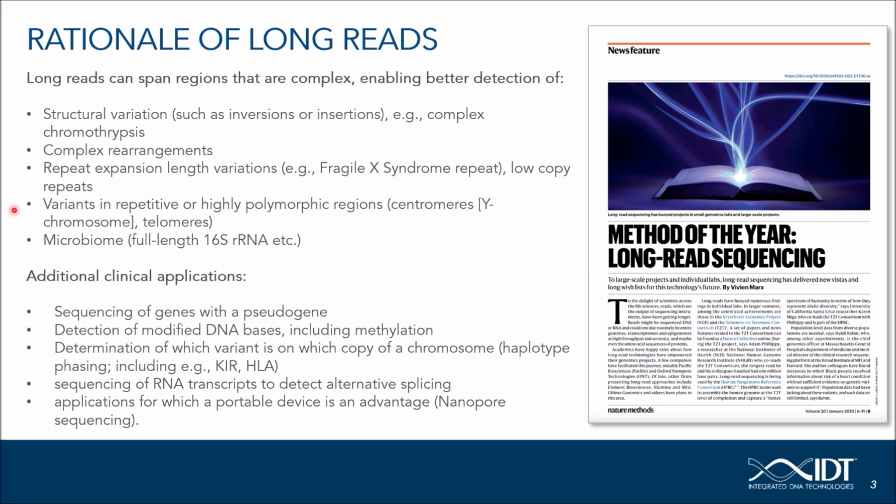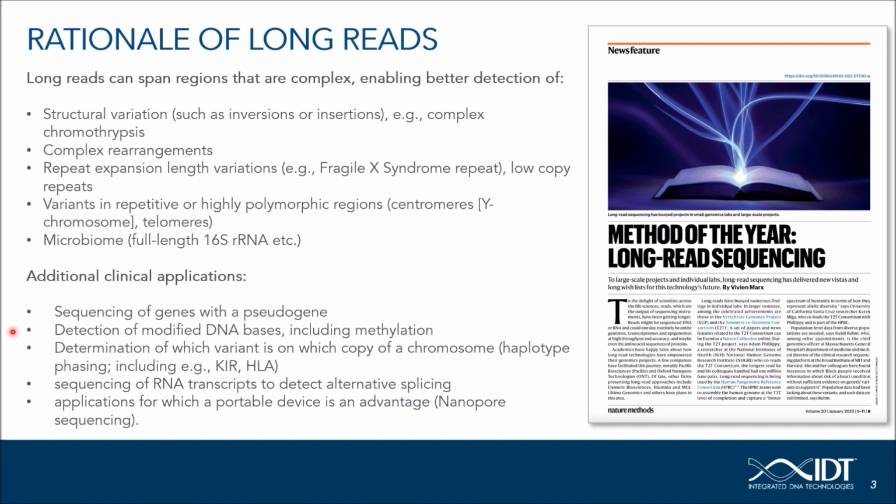But long reads may also be quite useful, for example, if you want to analyze full-length 16S ribosomal RNA. Additional clinical applications are sequencing of genes with a pseudogene or detection of modified DNA bases, including methylation.